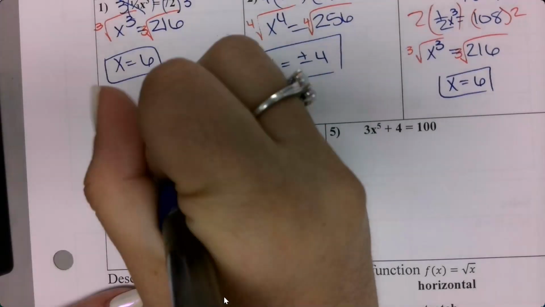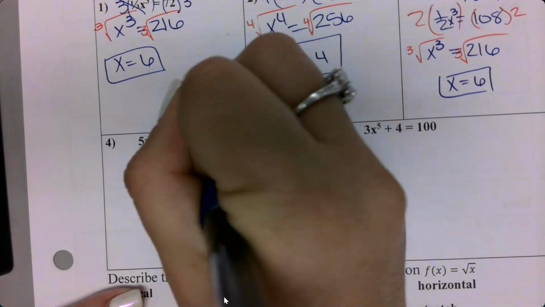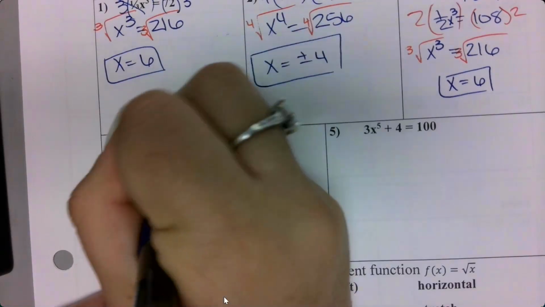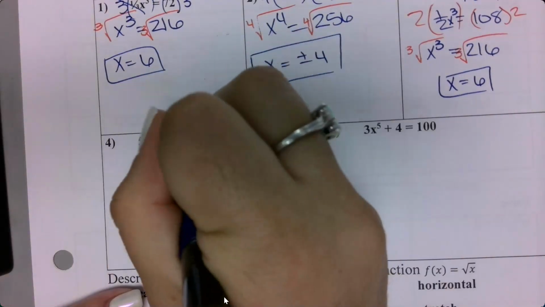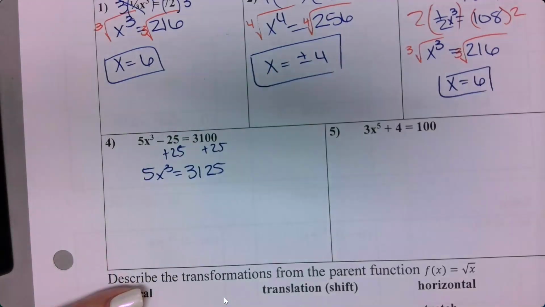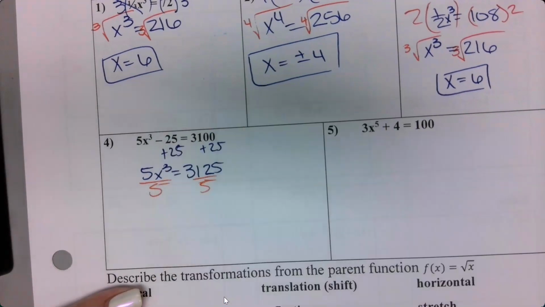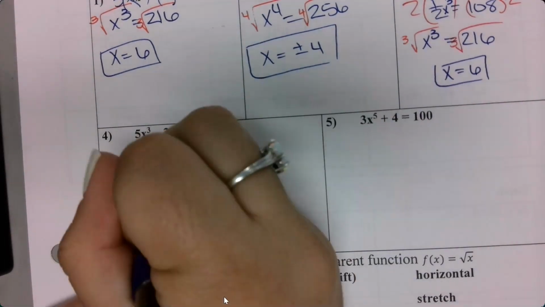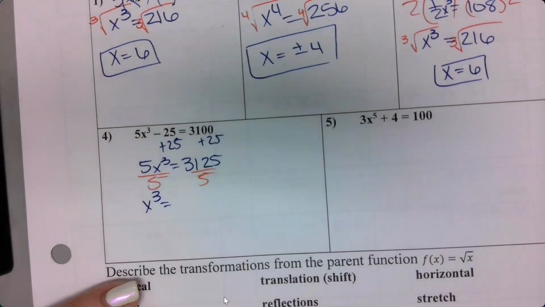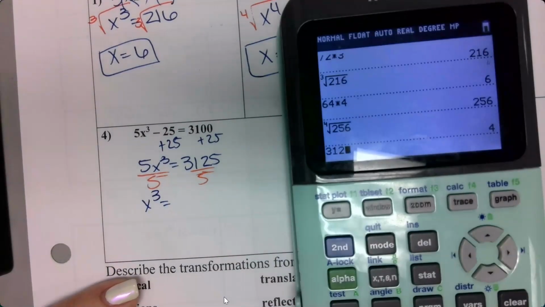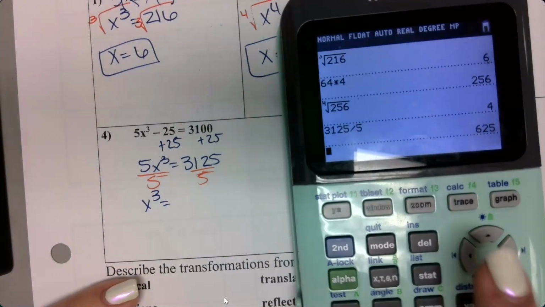Number 4, I want to add the 25 to both sides. So I get 5x cubed equals 3,125. Then I want to get that 5 away, so I'm going to divide both sides by 5. I get x cubed equals 625.